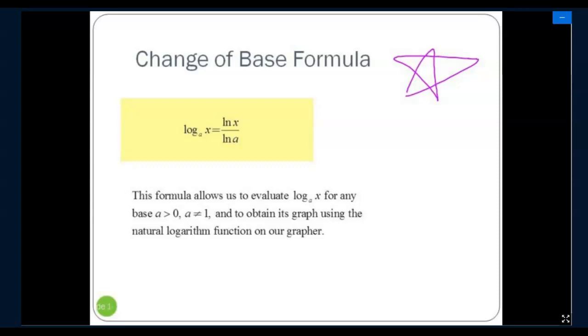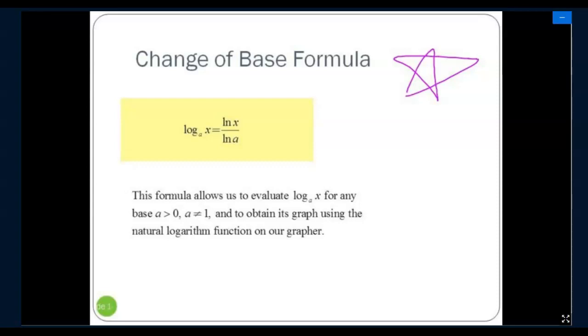A really important formula, and this used to be important before our graphing calculators got smarter, was the change of base formula. So our graphing calculators, the log button limits them to a log base 10. So if you ever wanted to find the log of something other than a base of 10, you needed the change of base formula.